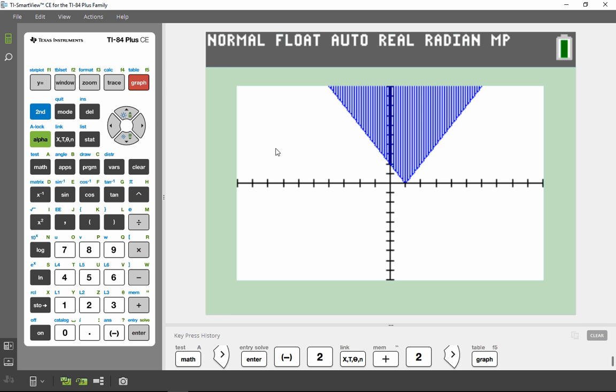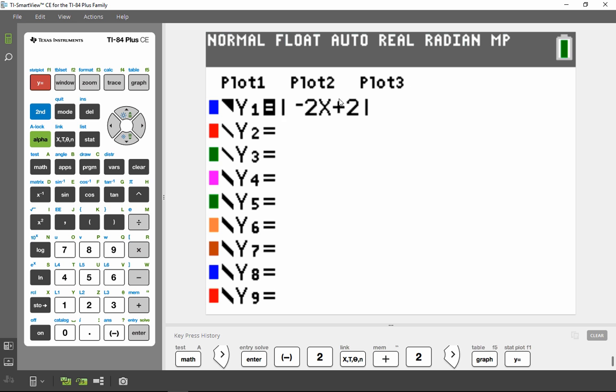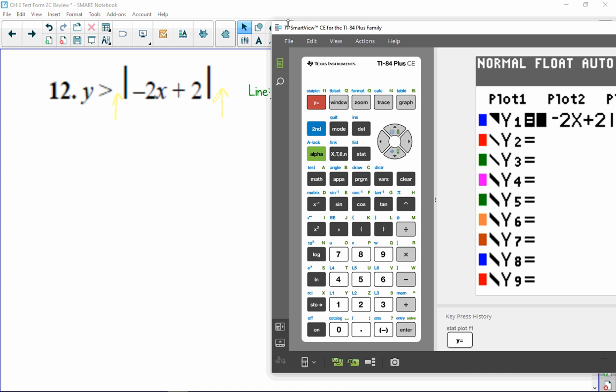Okay, so you're going to have to change that, because the inequality is pointing where? Right. So away from it, which means you shade above. If it's pointing to the Y, then you would shade below, right?